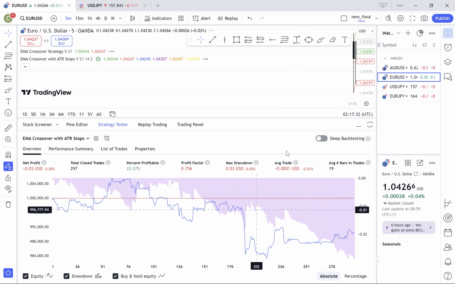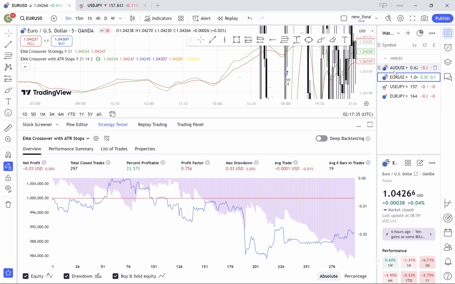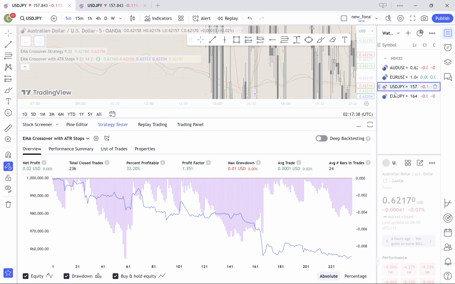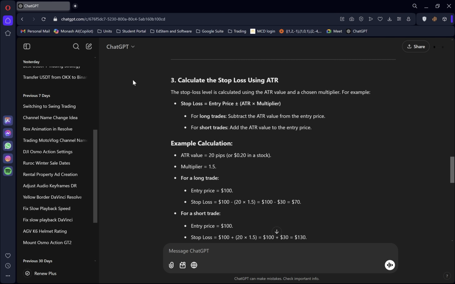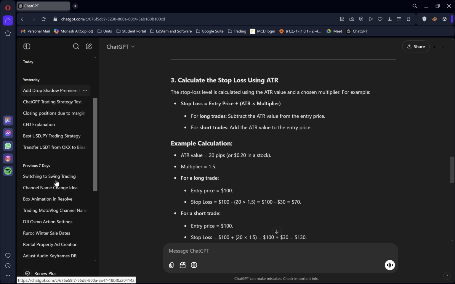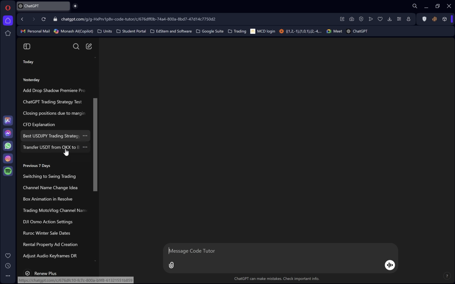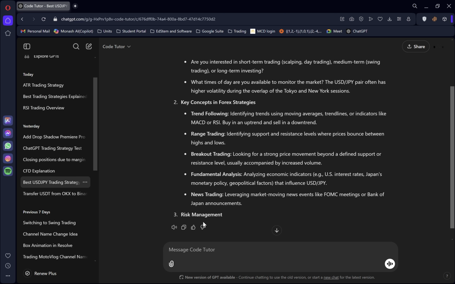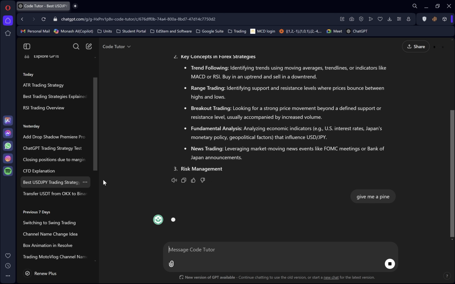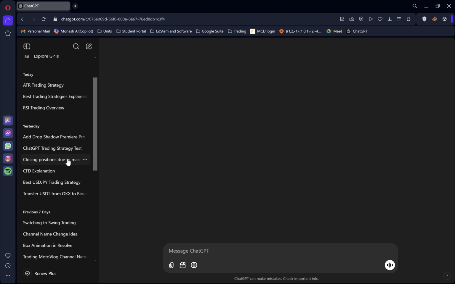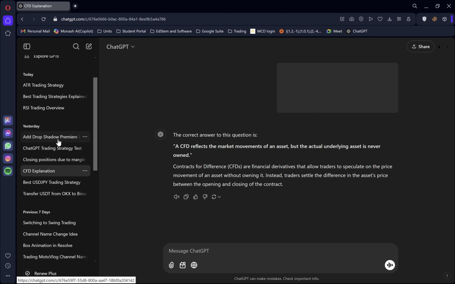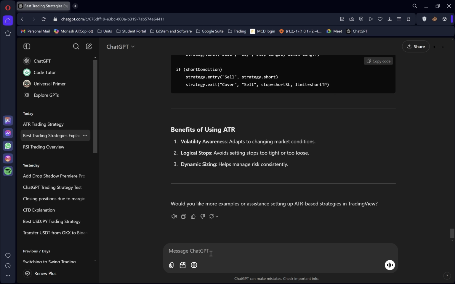Alright, let's actually try this on USD JPY, EUR JPY. Okay, so what I'm gonna do is Pine code. Let's go into the... include MACD.